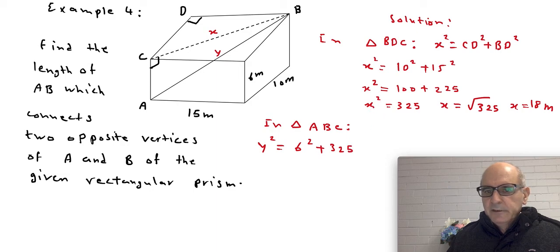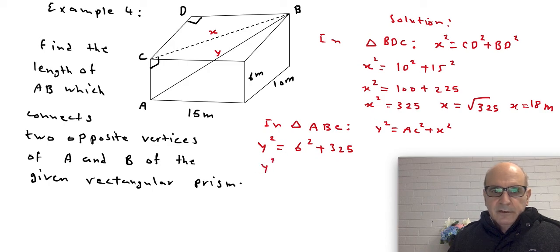X squared is 325. If you want, I can write Y squared is equal to AC squared plus X squared. AC is 6, and X squared is 325.